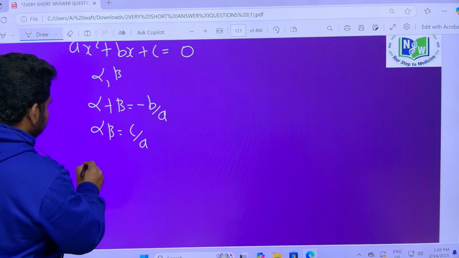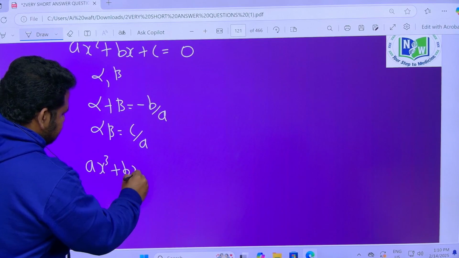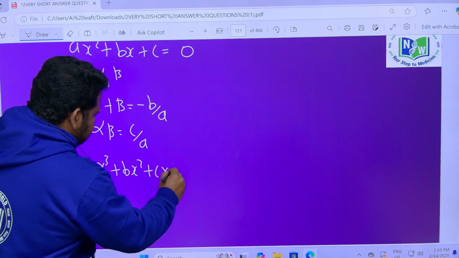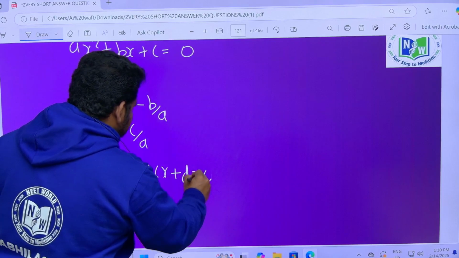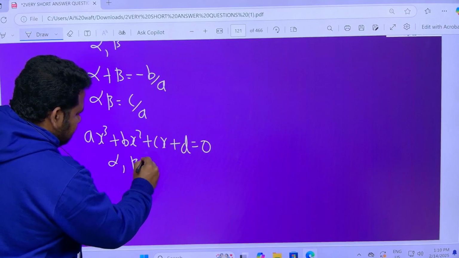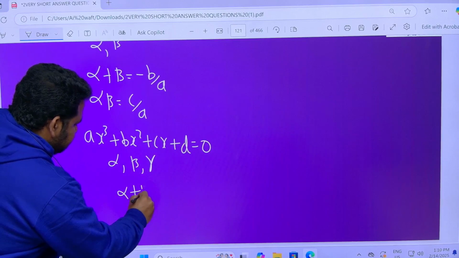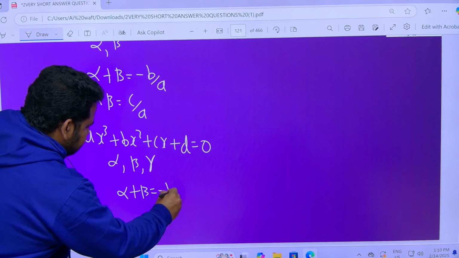But if it is a cubic polynomial or cubic equation, ax cube plus bx square plus cx plus d is equal to 0, in this case we are having 3 roots, alpha, beta and gamma, right? So here the sum of the roots alpha plus beta plus gamma is equal to minus b by a.